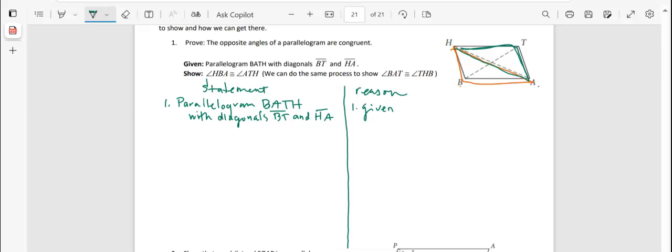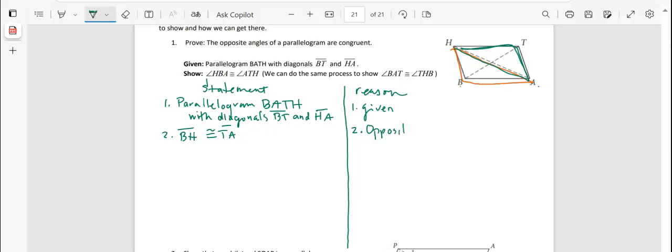So let's think about what sides do we have? Well, we know that BH is congruent to TA, and that is the parallelogram opposite sides conjecture, but you could just say the opposite sides of a parallelogram are congruent.